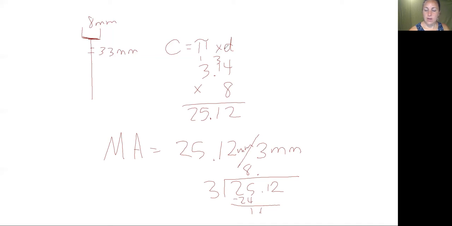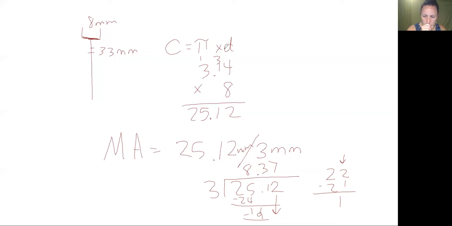Bring down the 1. 3 goes into 11 how many times? 3 times, which is 9. 11, take away 9 is 2. We're going to bring down our 2. 3 goes into 22 7 times, which is 21, which leaves us with 1.